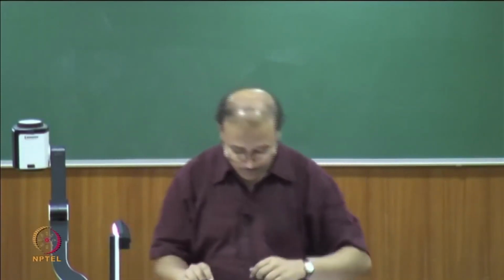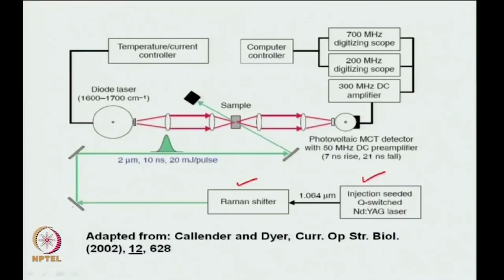Good. Now you can see the beam is going like this. This is a mirror, M1, this is M2. The mirrors are just guiding the propagation of the laser beam after coming out of the Raman shifter. Now, this is very important. What is the wavelength? 1.9 micron, about 2 micron. What is the pulse duration?